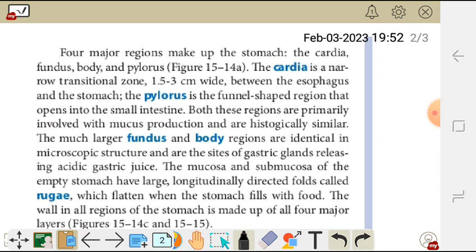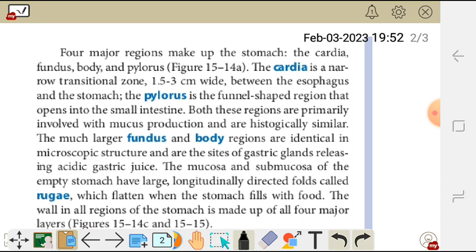When you say histologically, it means the cells which form these two regions, the cardia and the pylorus, are almost similar.